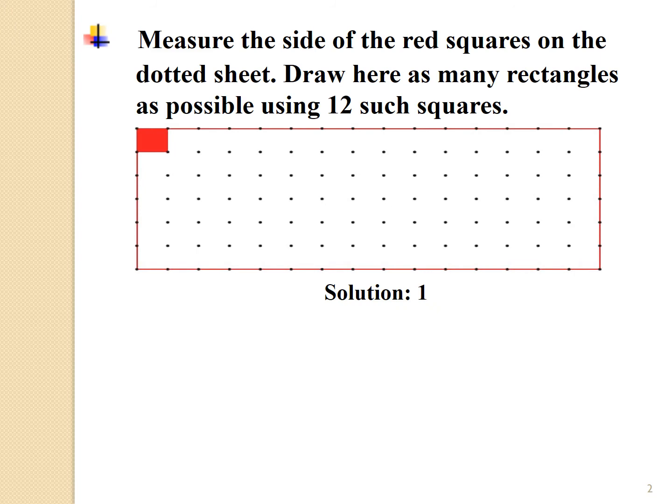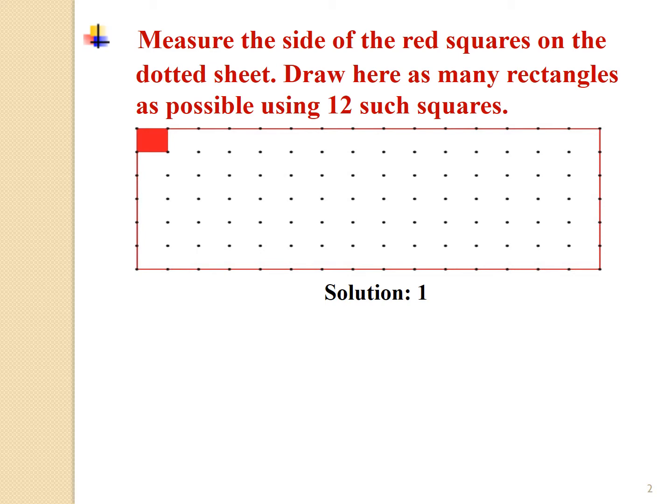Question number 1. Measure the side of the red squares on the dotted sheet. Draw here as many rectangles as possible using 12 such squares.